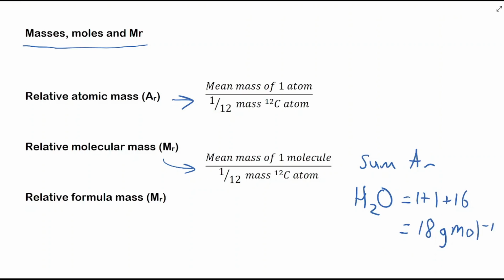That's fine. But if you're asked to define the relative atomic mass or the relative molecular mass, then please use this definition: the mean or average mass of one of the things divided by 1/12 the mass of carbon-12. And why did we use carbon-12? Well, because it was easy to get a high level of purity, and it gives us a nice standard to compare everything to.